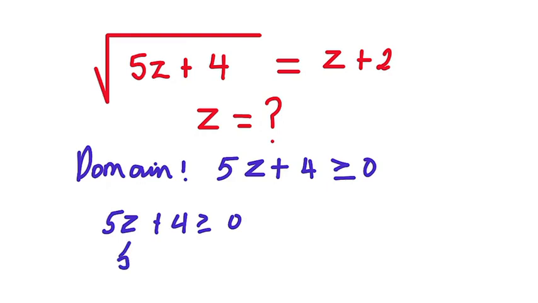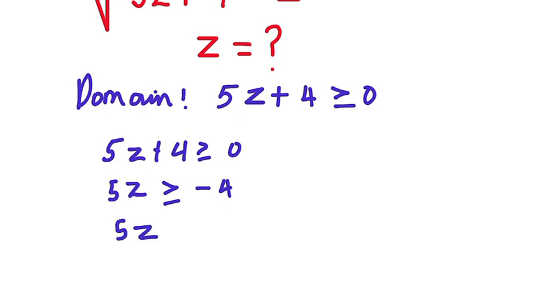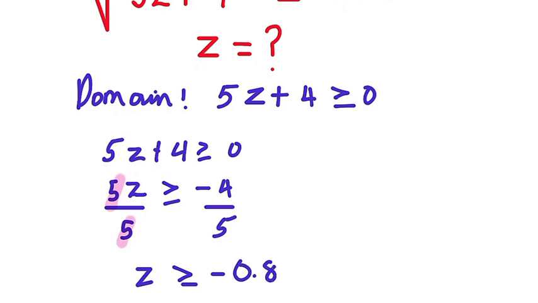So we have 5z greater than or equal to minus 4. So we divide both sides by 5. You see that this cancels this. We are going to be left with z must be greater than or equal to minus 4 over 5, and that will be minus 0.8.